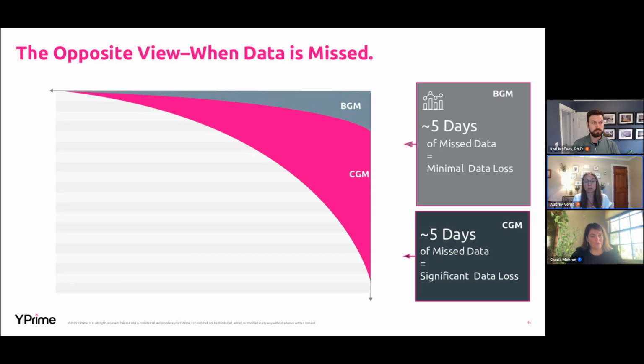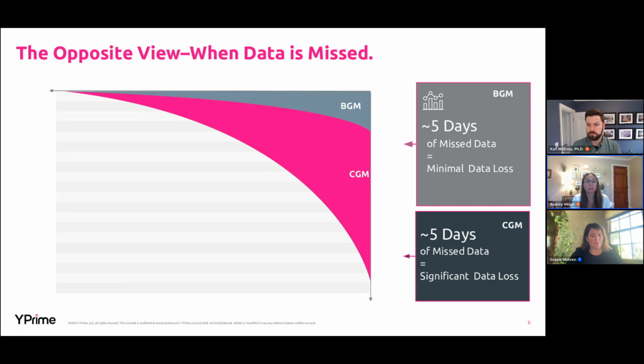With CGM, I think the mitigation of data loss is a little bit more challenging. So, you've got things like incorrect placement of the CGM device specifically, issues with adhesion or that sensor falling off. So, if there's lotions that the participant is using, if they're in water a lot, for example, the sensor could fall off in those cases.